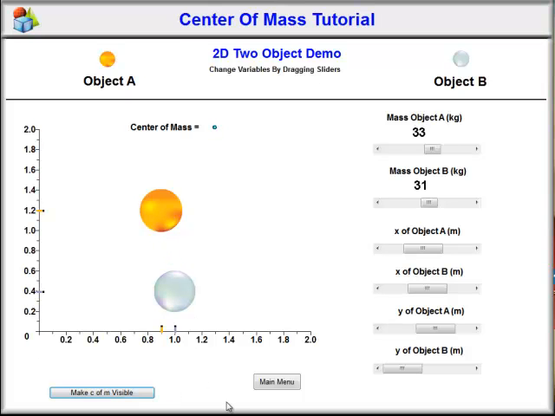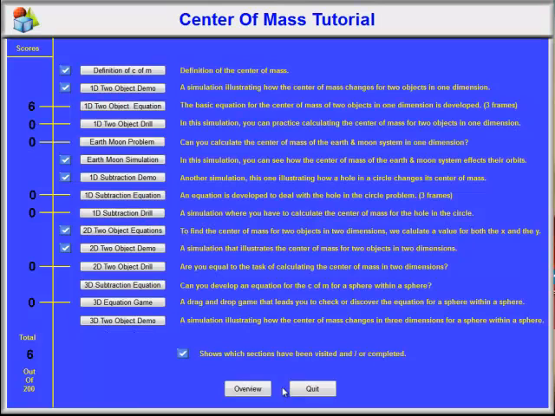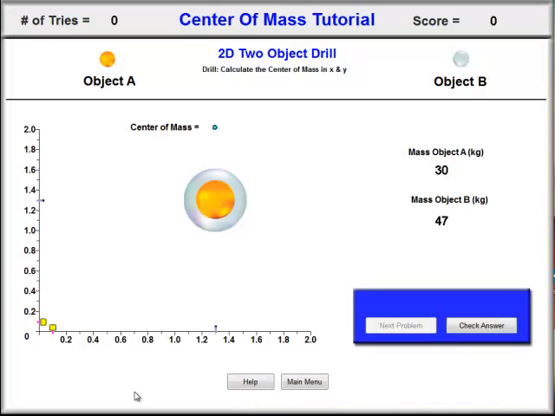You can also make it invisible and have students calculate out the answer. And then, of course, there's the two-object drill where students have to put exactly what they think the center of mass will be in both the X and the Y direction and check their answer.